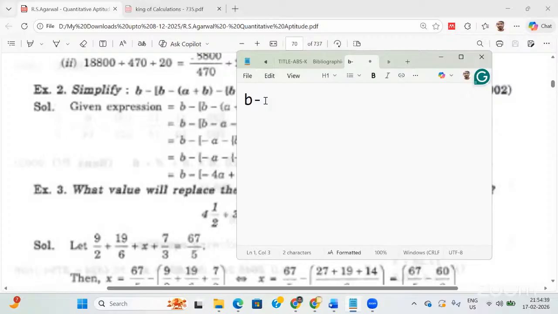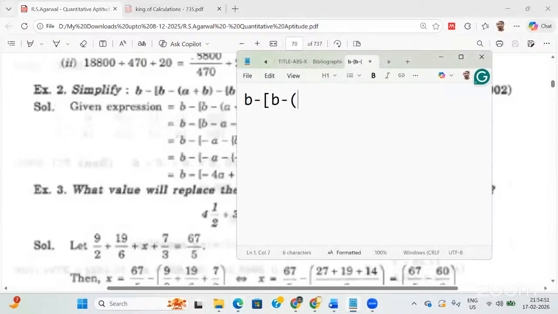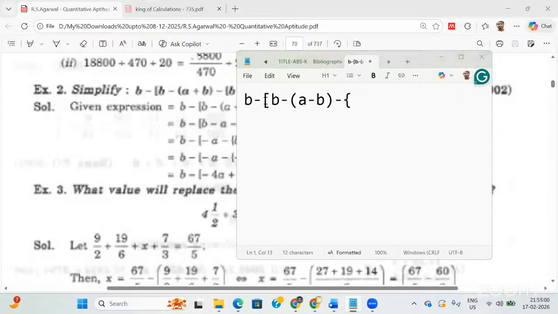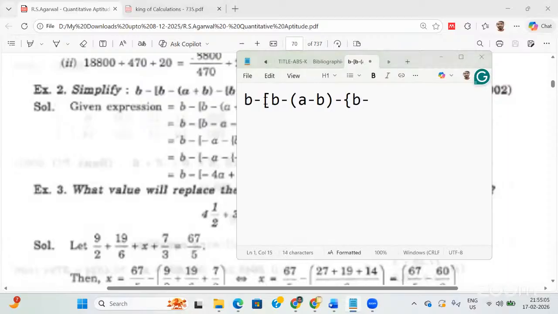B minus square bracket, then again B minus, within first bracket A minus B, bracket close, minus second bracket B minus, B minus within first bracket A minus B, therefore minus A plus B. Done?